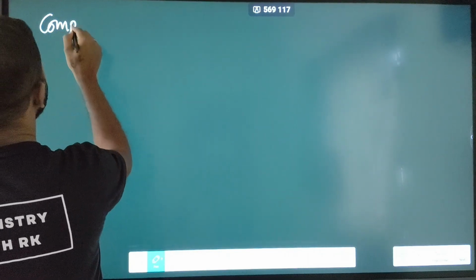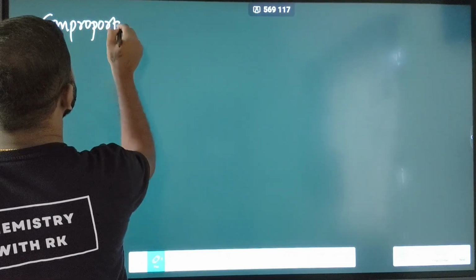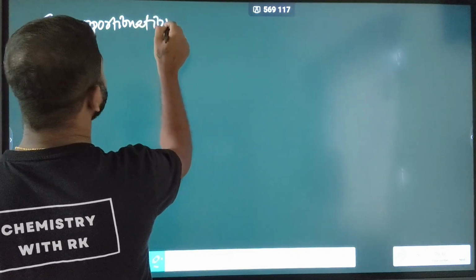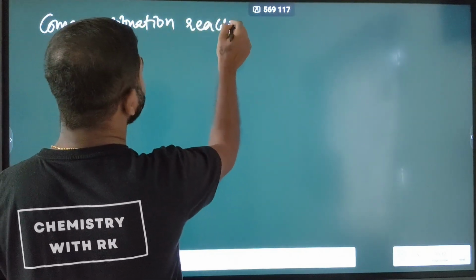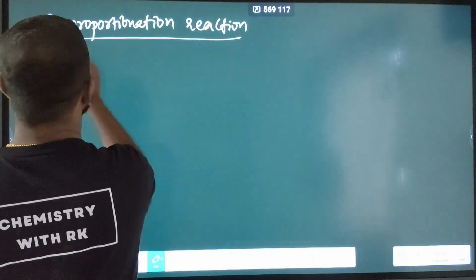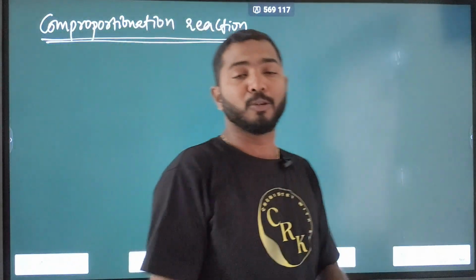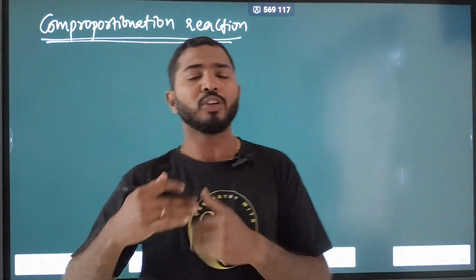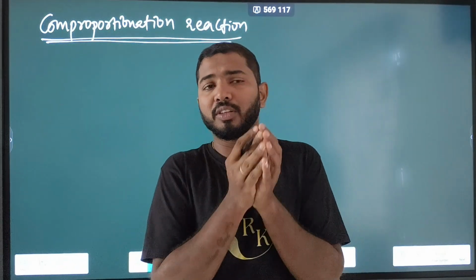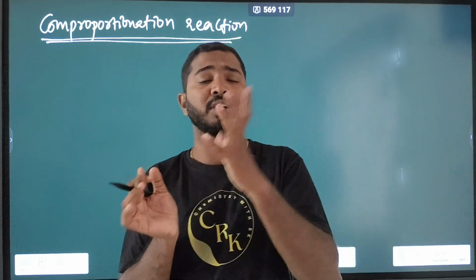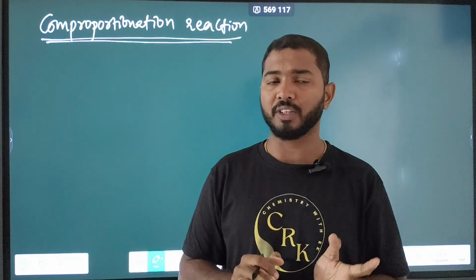First of all, what is a comproportionation reaction? Let us see what a comproportionation reaction is. This is quite the opposite of a disproportionation reaction. Disproportionation is where the same element of the same reactant undergoes both oxidation and reduction.